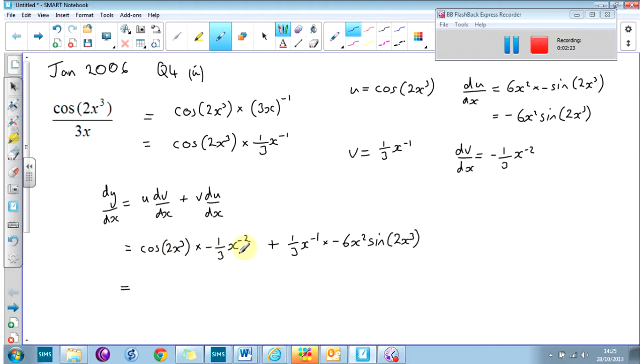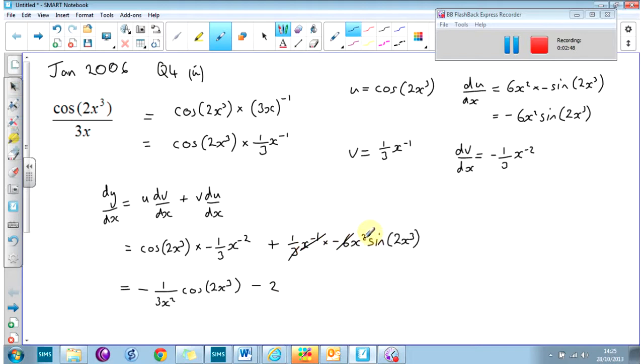Right, so this term is going to be negative, and it's going to be negative 1 over 3x squared cos of 2x cubed. This term is also going to be negative because of the minus here. 6 and a third is going to cancel to minus 2.